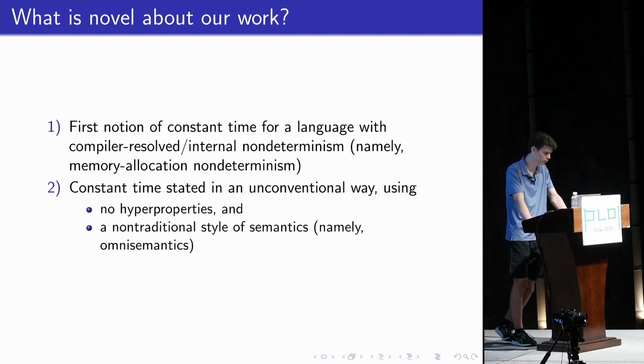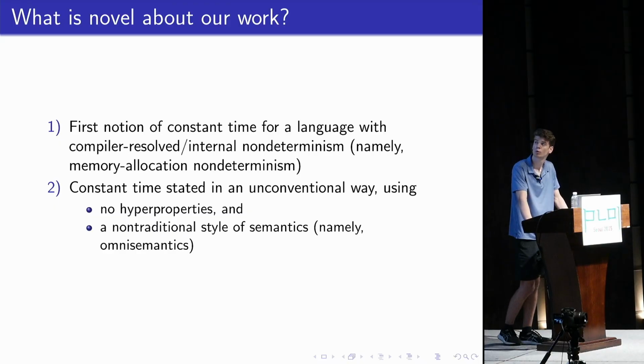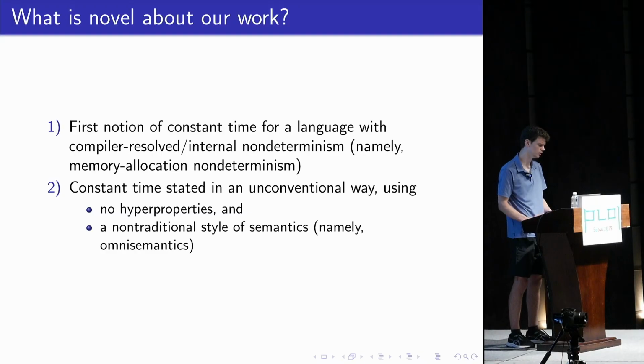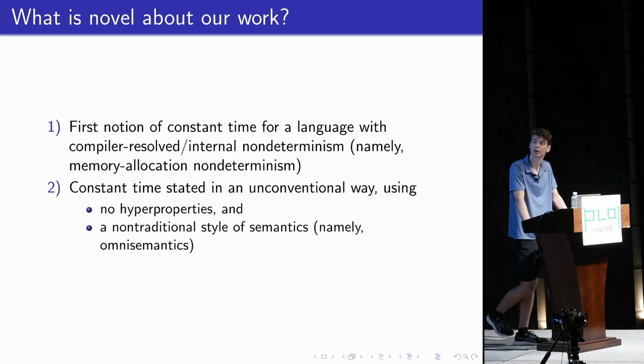So our work gives the first notion of constant time for a language with compiler-resolved non-determinism, where by compiler-resolved I mean that we have some non-deterministic construct that is present at the source level of our compiler, but it disappears at the target level. Our example that we'll talk about here is memory allocation non-determinism. You have things like non-deterministic stack allocation at the source level, but this does not appear in machine code.